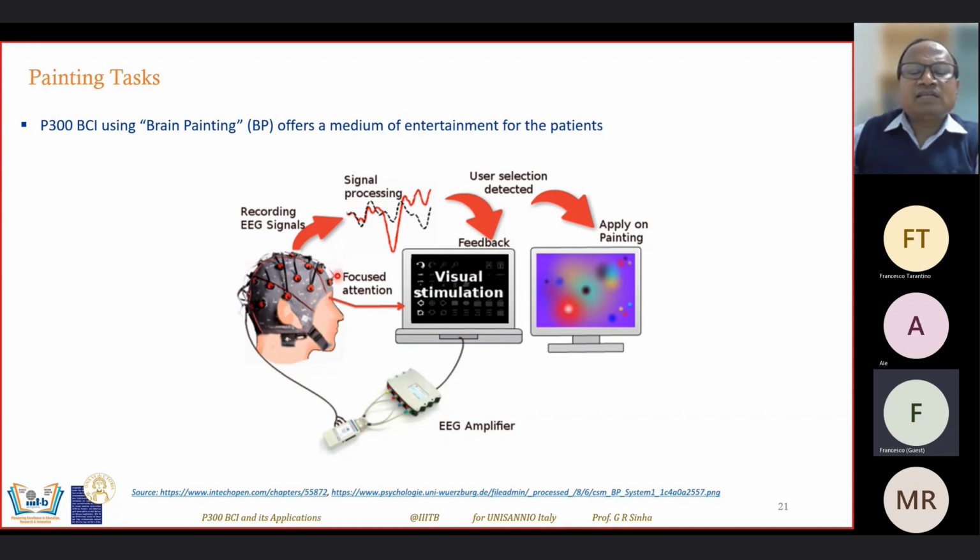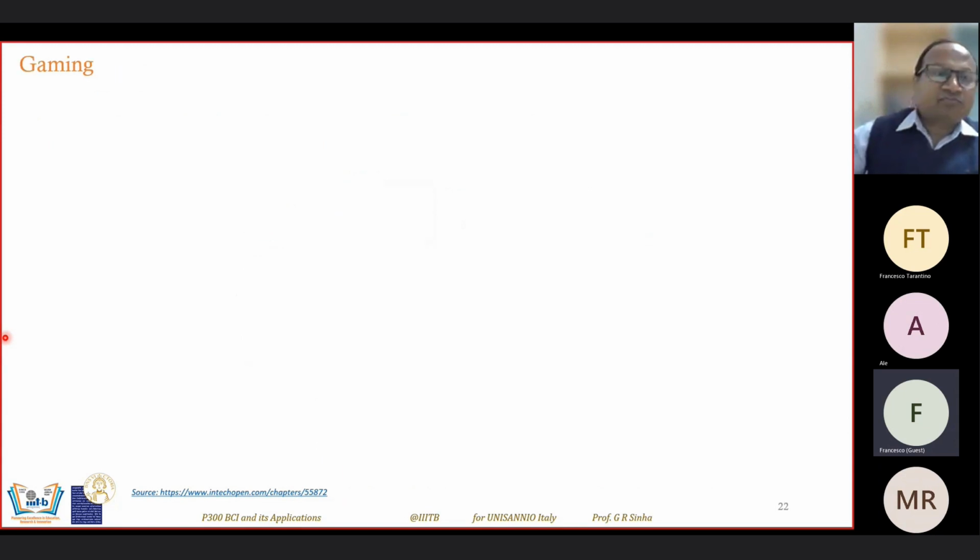The person is expressing his intent that he wants to do something, remember, and accordingly stimulation is generated, isn't it? So it's very interesting, the stimulus is generated and then finally it is properly detected and analyzed, and will actually generate a certain command, and that command will then help the person to do the painting task and it will help his arm to move or something like this.